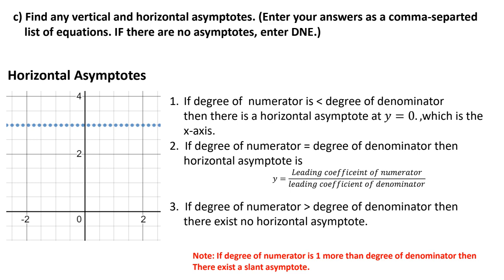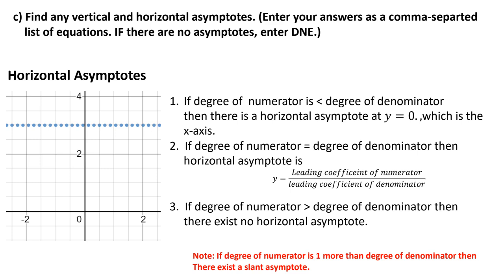The first one: if the degree of our numerator is smaller than the degree of our denominator, then we will always have a horizontal asymptote at y equals 0. The second case is that if the degree of our numerator is equal to the degree of our denominator, then we're going to have a horizontal asymptote with a ratio or a fraction.